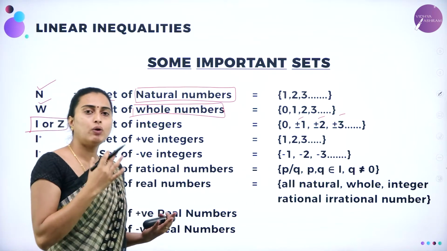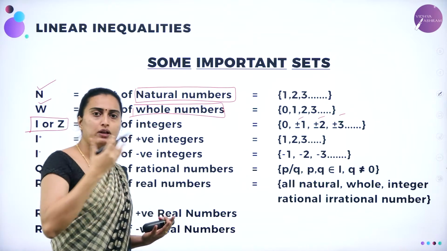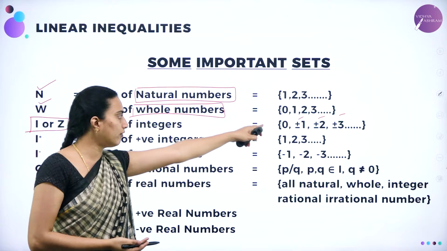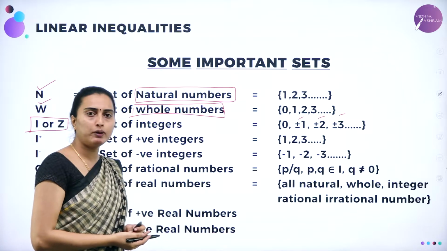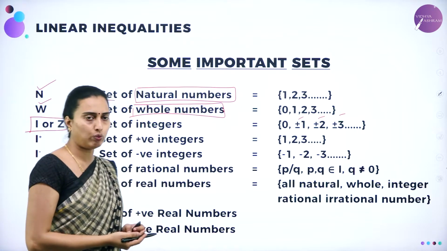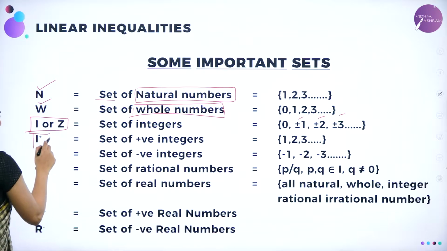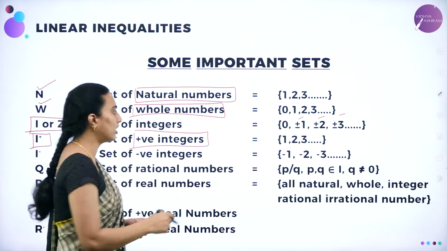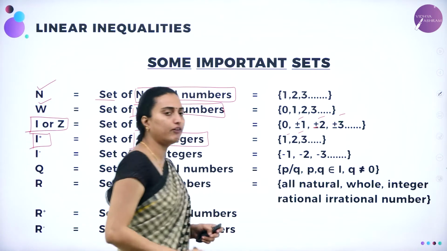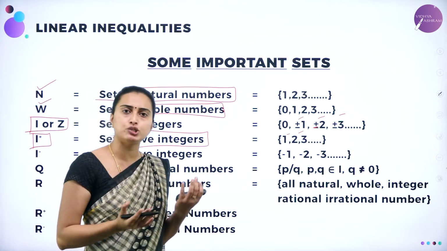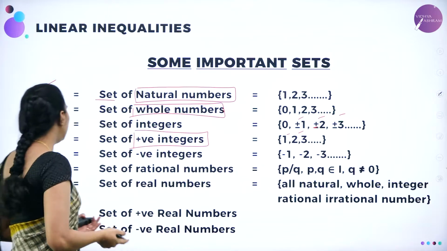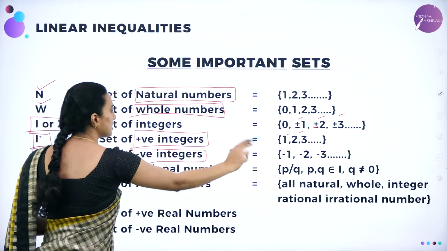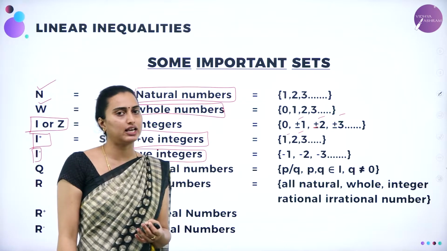That means plus 1, 2, 3, 4, 5, 6, minus 1, minus 2, minus 3, minus 4, etc., up to infinite terms. Together we are writing plus or minus 1, plus or minus 2, plus or minus 3, like that. Next is nothing but I plus. I plus means set of positive integers. Only positive integers you can consider: 1, 2, 3, 4, 5, 6, 7, 8. 0 is neither a positive nor a negative integer. So next, I minus is nothing but the set of only the negative integers. It can start from minus 1, minus 2, minus 3, etc.